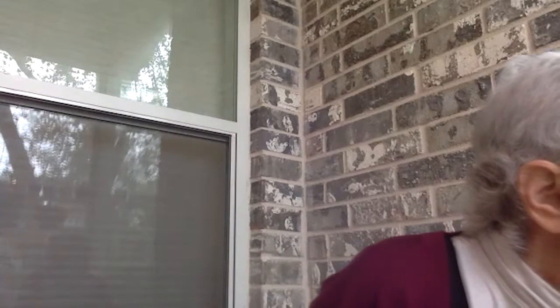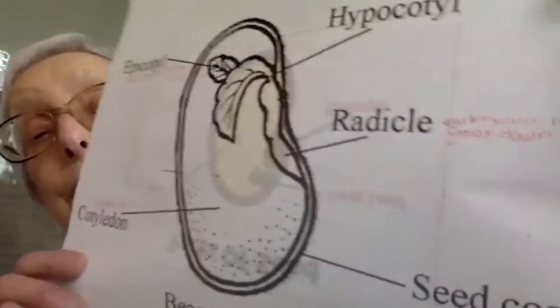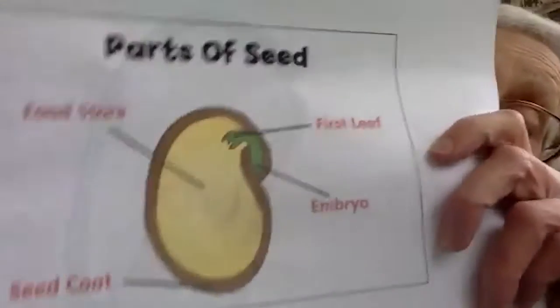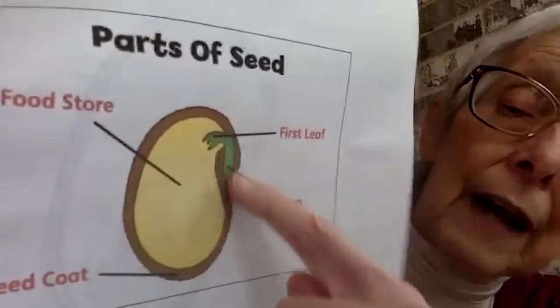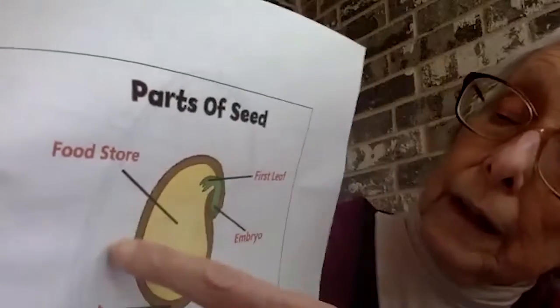But let's see what the parts of the seeds are. And there are lots of big words about the parts of the seeds, but we're going to concentrate first on just the important parts, which is the outside. There we go.